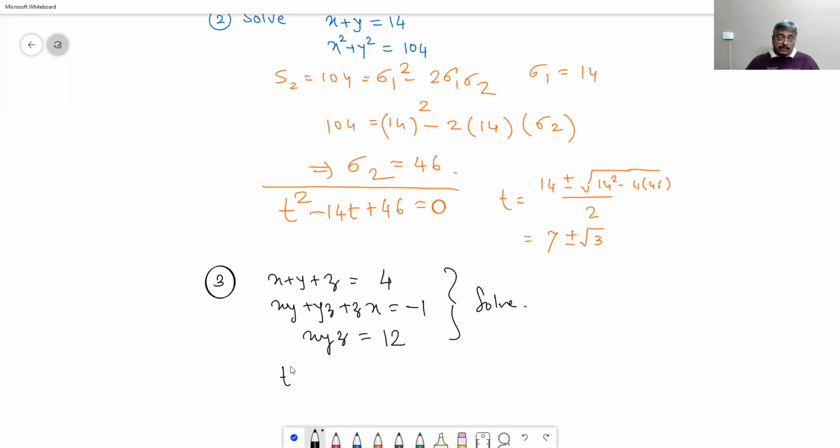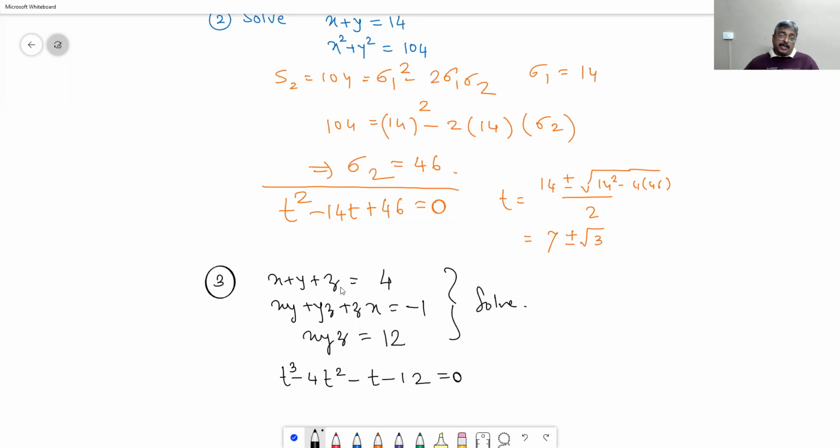It will be t cube minus 4t square minus t plus 12, or minus 12. So I think minus 12. Okay, this should be equal to 0.